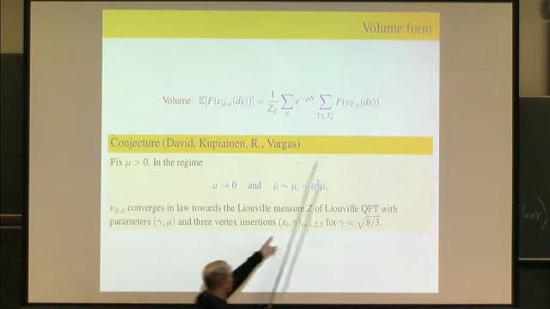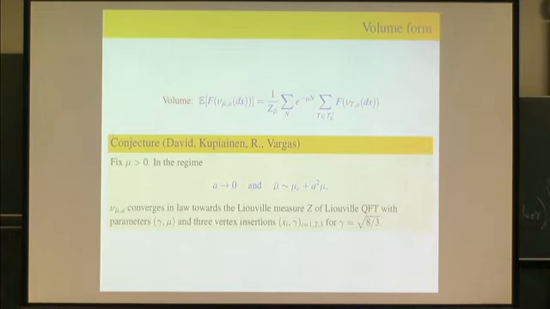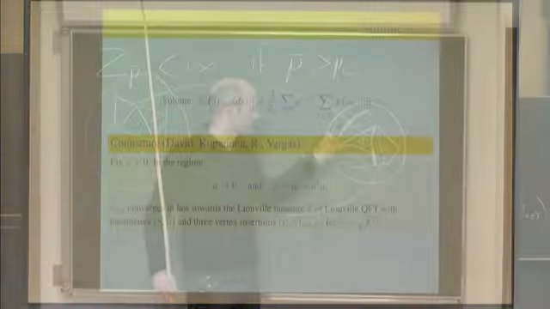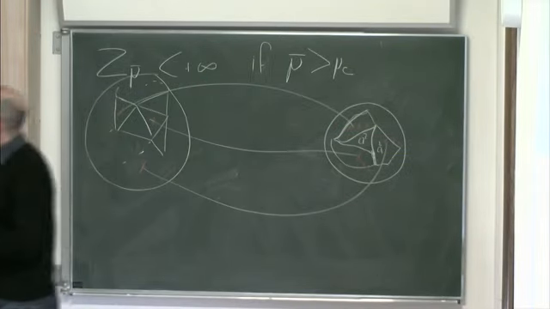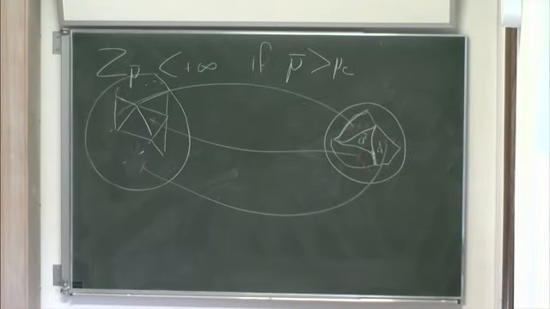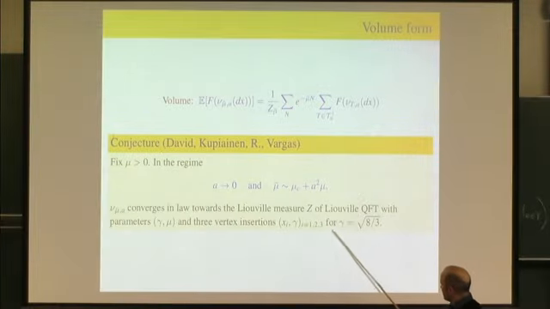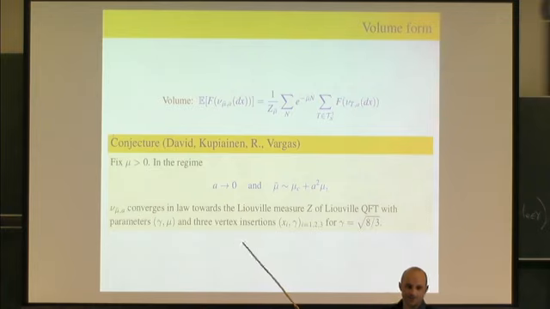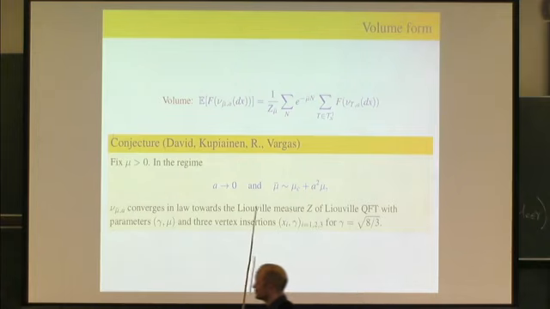These insertion points correspond to the 3 points you've chosen on the sphere, and they have a mass which is called gamma. In the context I'm discussing here, the value of gamma is the square root of 8/3.